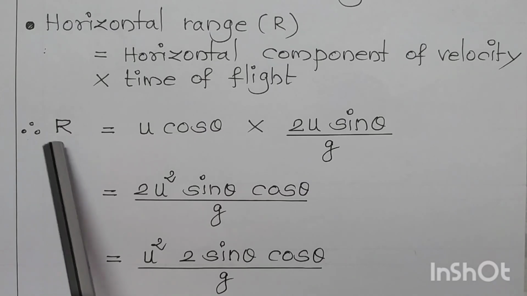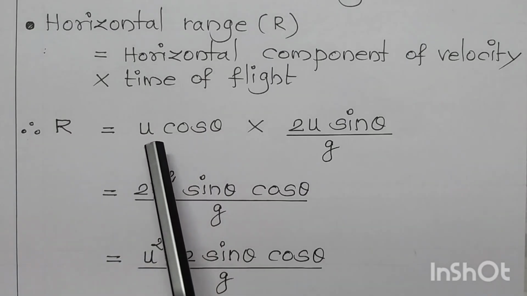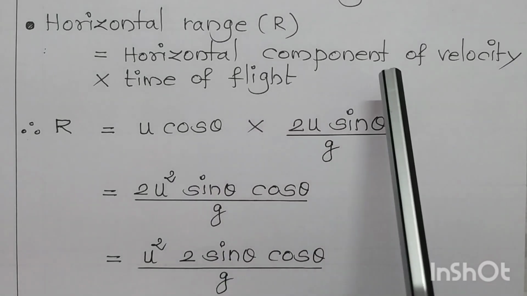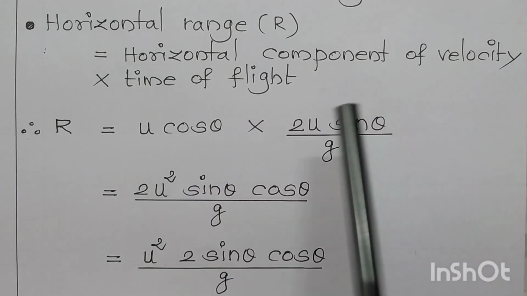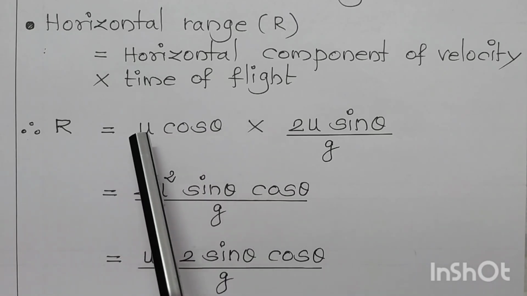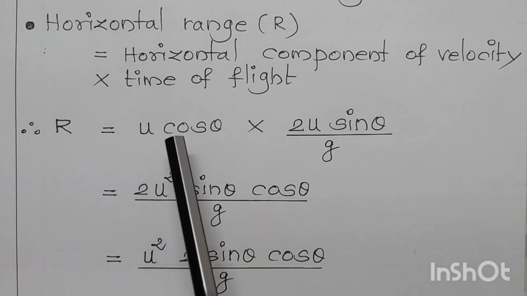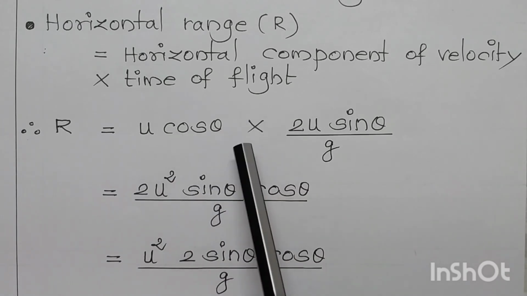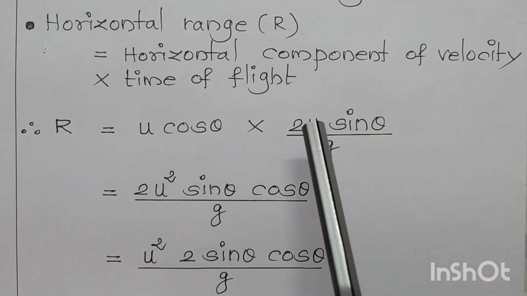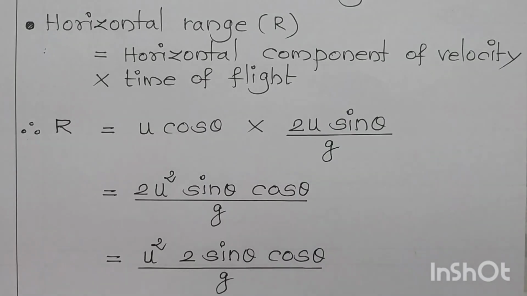Therefore, capital R is equal to u cos theta. This u cos theta is the horizontal component of velocity and its vertical component is u sin theta, and all of you know that. So here we have taken the horizontal component of velocity, which is nothing but u cos theta, into time of flight 2u sin theta by g. This is the expression for time of flight.